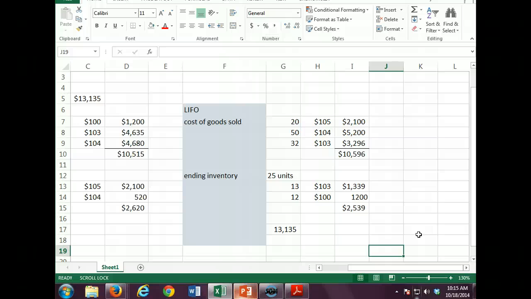Make sense? Now it asks us about average cost, weighted average cost.